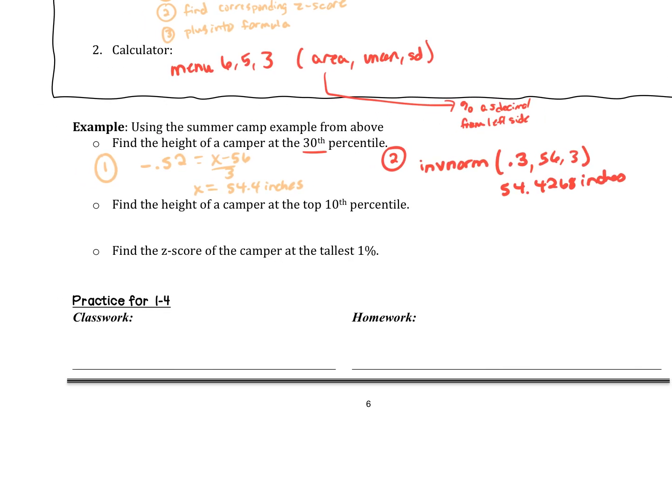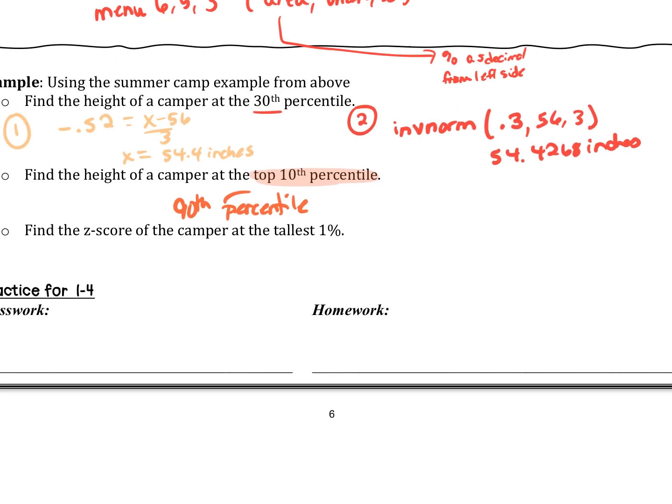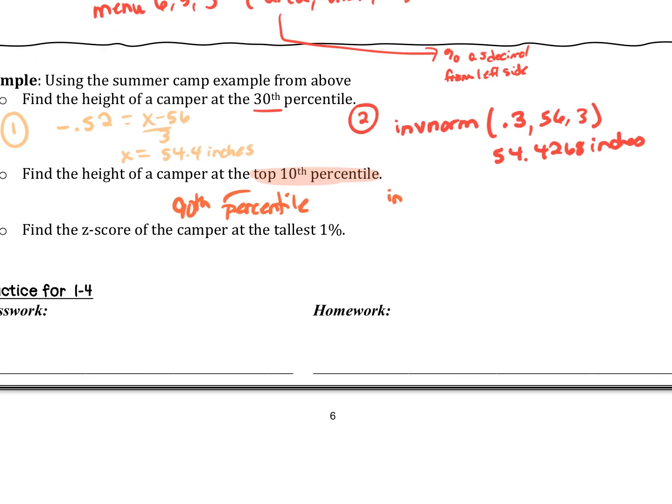Let's talk about this. Read carefully. This next one is saying at the top 10th percentile, so really what that means is that we're at the 90th percentile. If we're plugging into the calculator, we're going to do inverse norm of 0.9 and then the 56 and the 3.